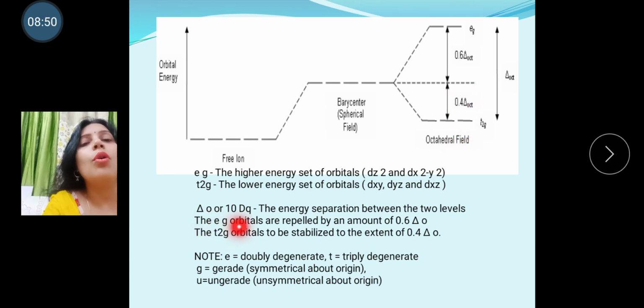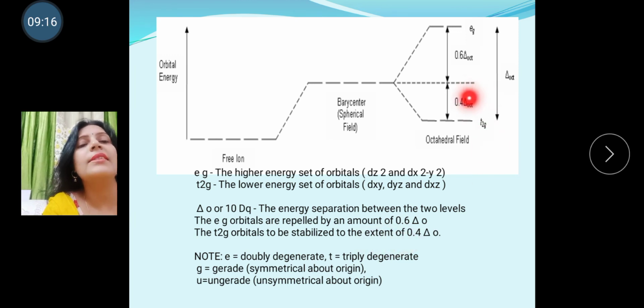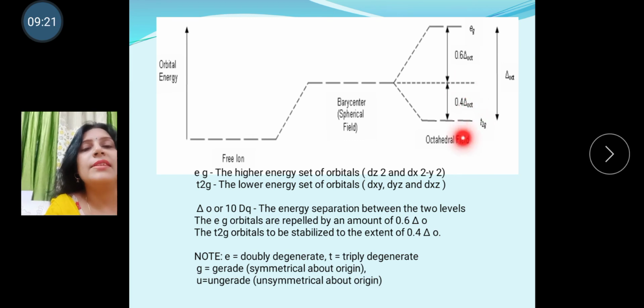Here delta O, or 10 Dq, represents the energy separation between the two levels. The eg levels are repelled by an amount of 0.6 delta O above the barycenter, while the T2g orbitals are stabilized by 0.4 delta O below the barycenter.